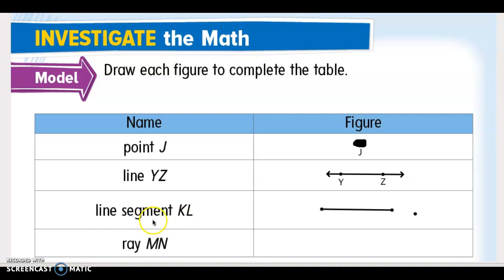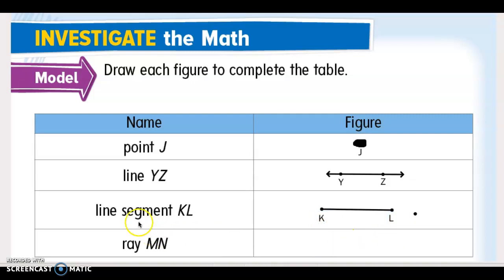Okay, so this is line segment KL, and just like on our line, I can name it in any order that I want. So we'll put point K here, and then we'll put point L there, and I'm going to just move them closer. So they're lining up with their points.